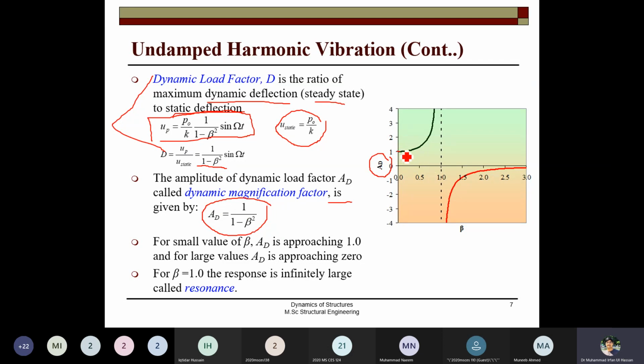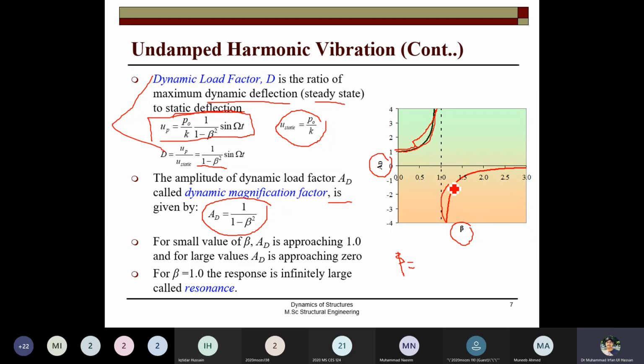So if I plot the dynamic magnification factor as a function of frequency ratio, beta is the ratio of the frequency of the force to the frequency of the structure. Then what you see is that when the frequency ratio is less than 1, you have positive displacement that keeps on increasing, and when the frequency ratio is larger than 1, it is approaching 0.